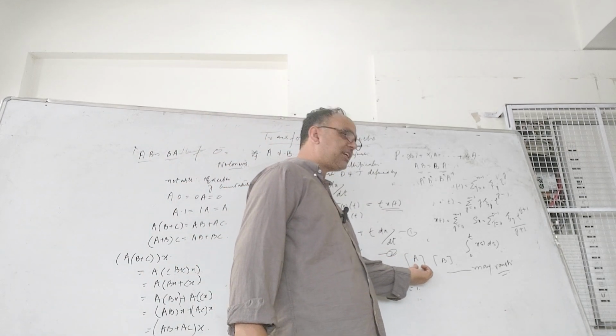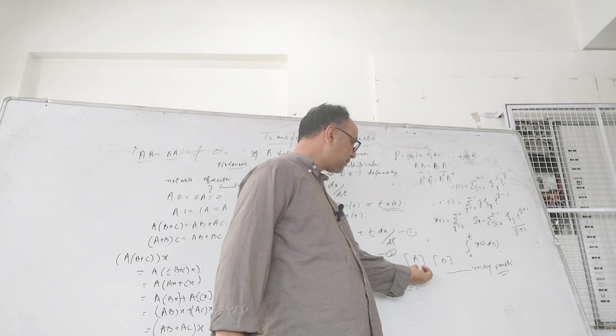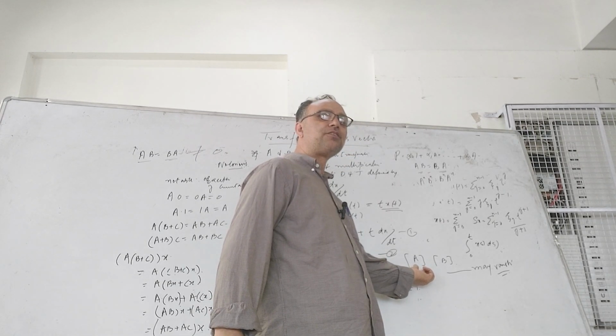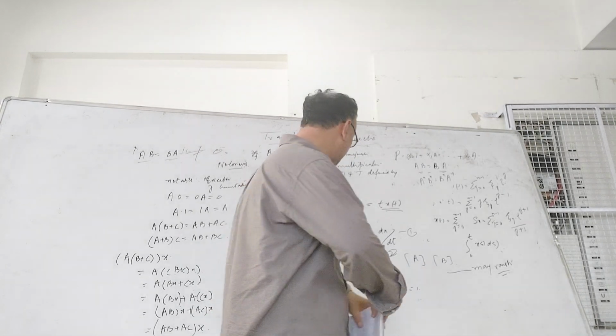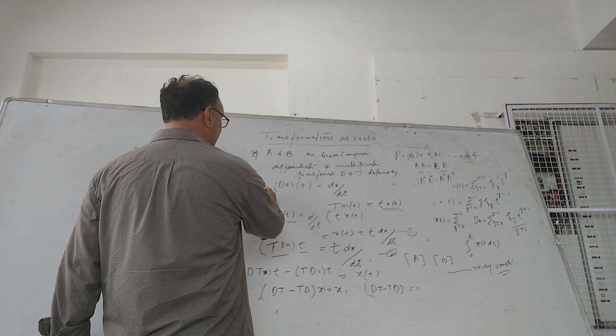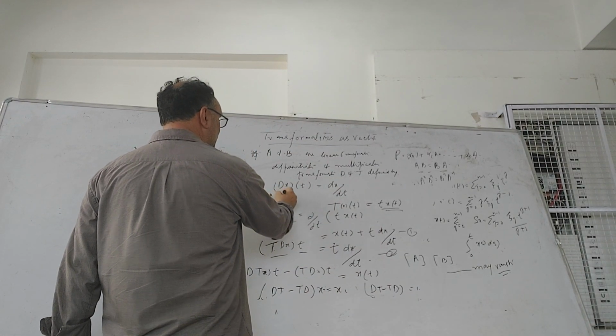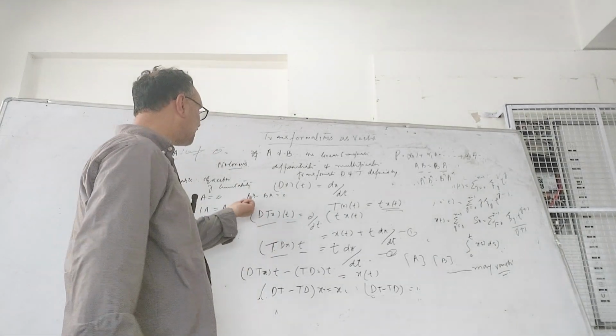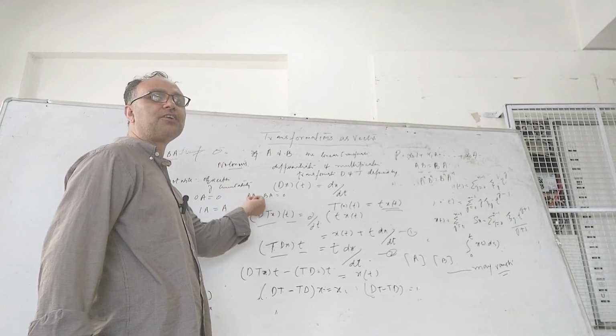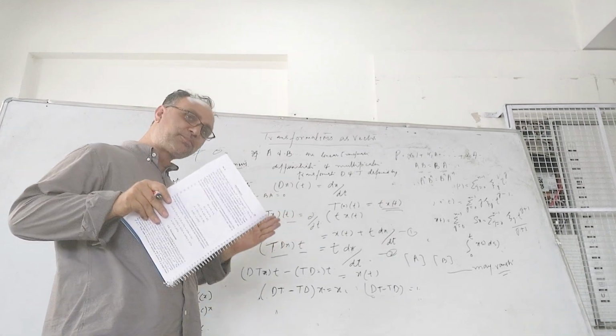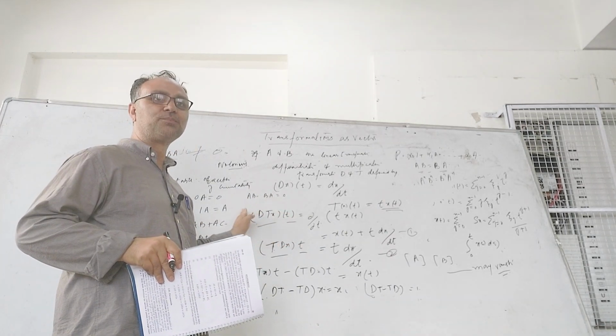Individually, the value of the transformation is not zero. Individually, these A and B are not zeros. But once you take them as a product, it will come out to be zero. So that's the point.